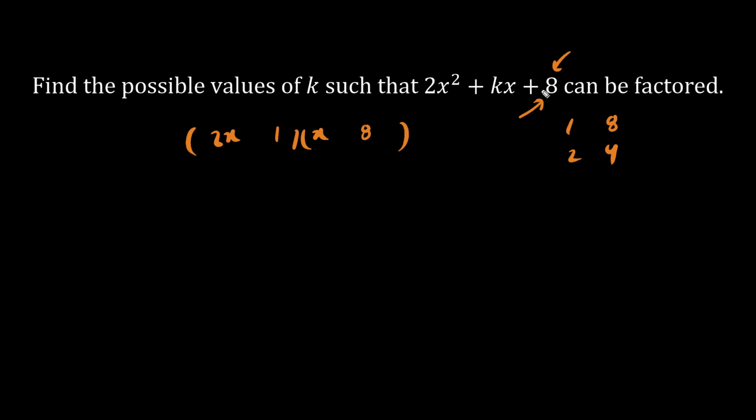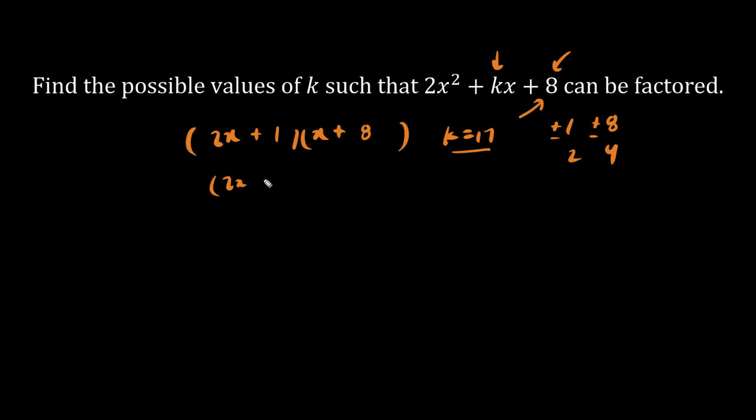But notice how we have to deal with constant numbers that are either both positive or both negative, because negative times negative is positive. We can't have them being different signs. So let's try plus plus. What's the k value? We have outside, inside. 2x times 8 is 16x, plus 1x is 17x, so the k value is 17.